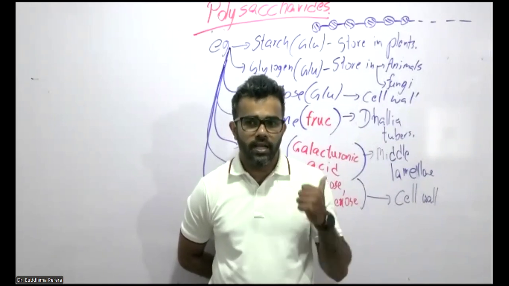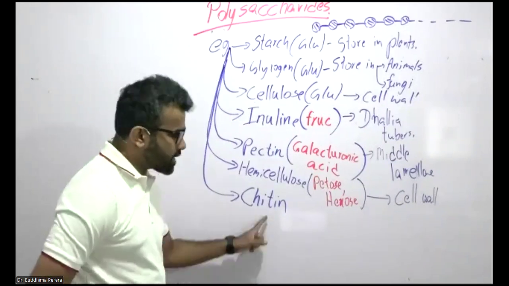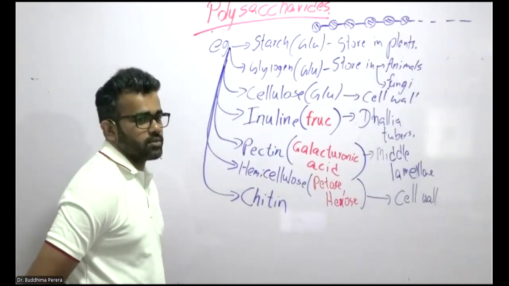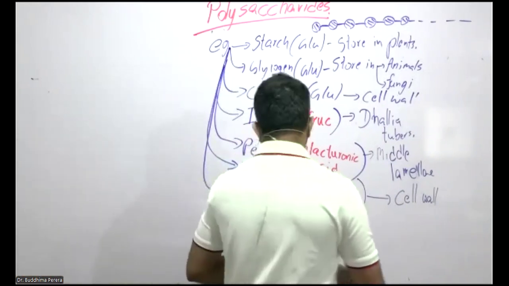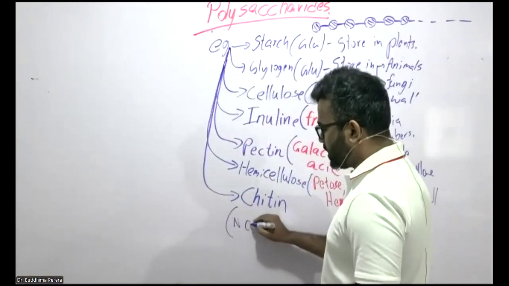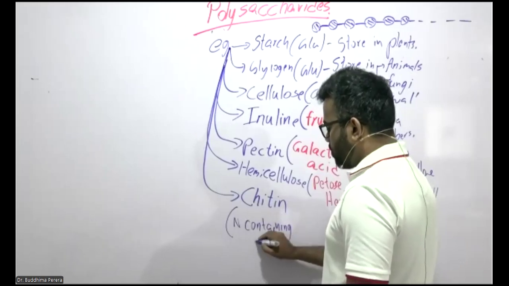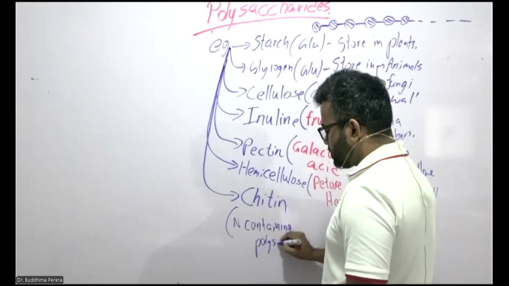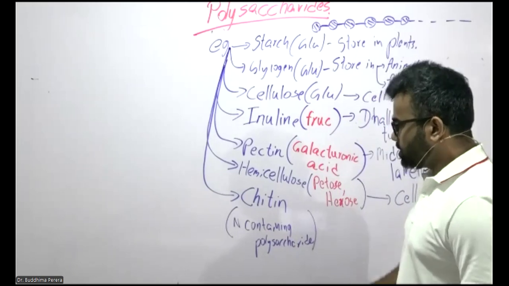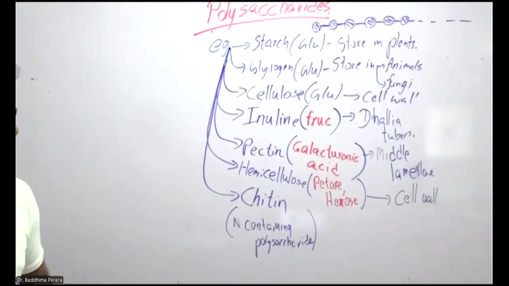But in chitin, there are nitrogen atoms. So this is a nitrogen containing polysaccharide, right?